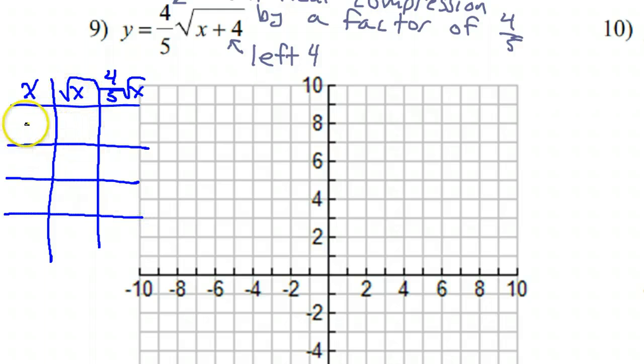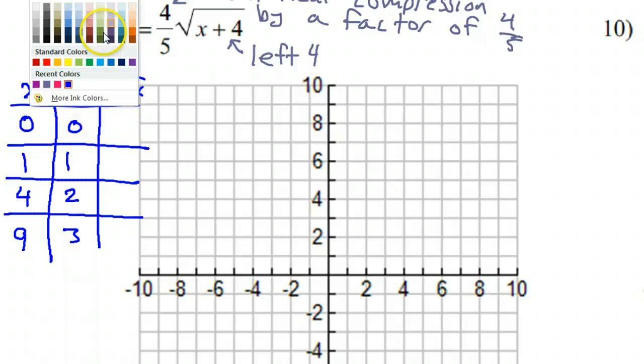For the square root function, it's convenient to use 0, 1, 4, and 9 because of the ease of taking the square root. That's going to give us, for the parent function, 0, 1, 2, and 3. But let's go ahead and apply the 4/5 to that.